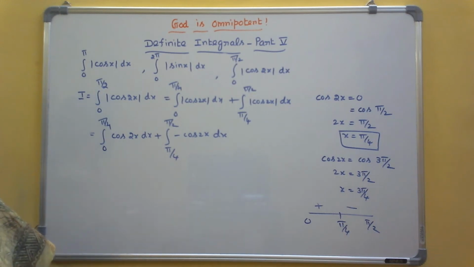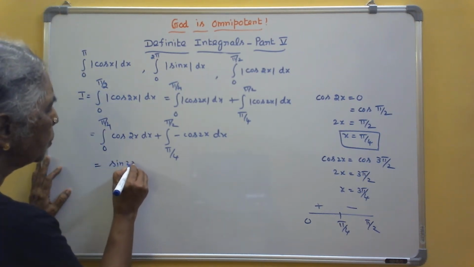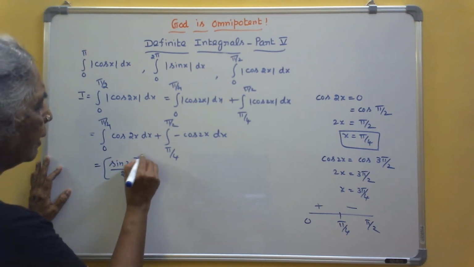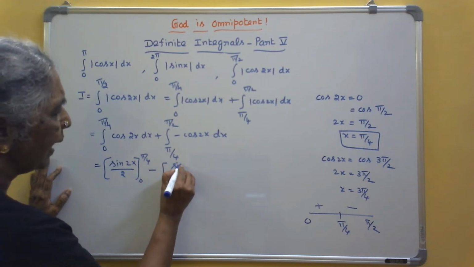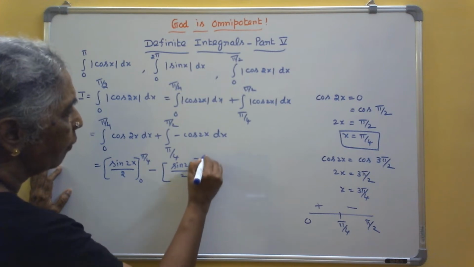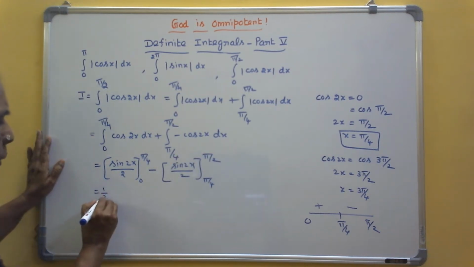Now let us integrate. It is like two integration sums, that's all. When you integrate cos 2x, you will be getting sin 2x divided by 2 within the interval 0 to pi by 4. Take this minus here out. So the same thing, sin 2x by 2, this is pi by 4 to pi by 2. So take the 1 by 2 out.